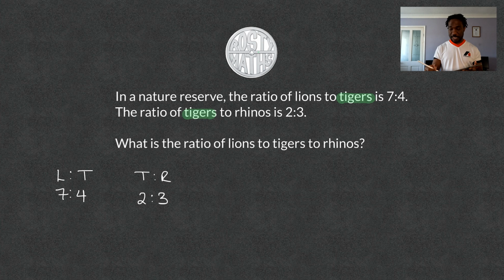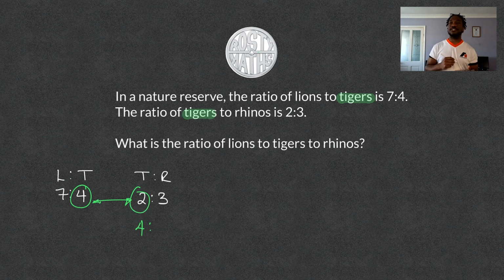In order to get the same number of tigers, I need the lowest common multiple of 4 and 2. If you look at it carefully, you know that the lowest common multiple of 4 and 2 is 4. So I'm going to keep this 4 here, because we're trying to get the same number of tigers in both ratios. But I'm going to change this 2 to 4, and in order to change it to 4, I had to multiply by 2.